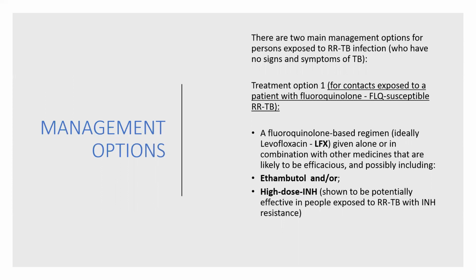Now, as I highlighted, there are two main management options for a person exposed to RRTB infection. Those are the ones who have no signs and symptoms of TB, right? So option number one is for contacts exposed to patients with fluoroquinolone susceptibility. You remember I earlier said you look at the source case in terms of their susceptibility pattern.